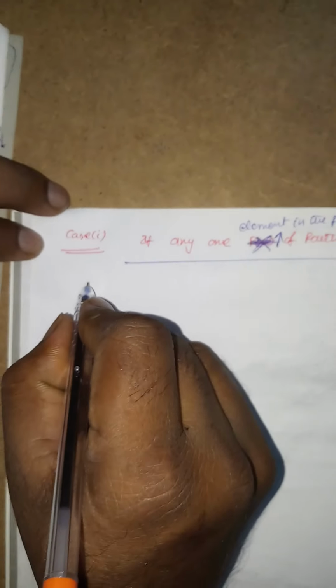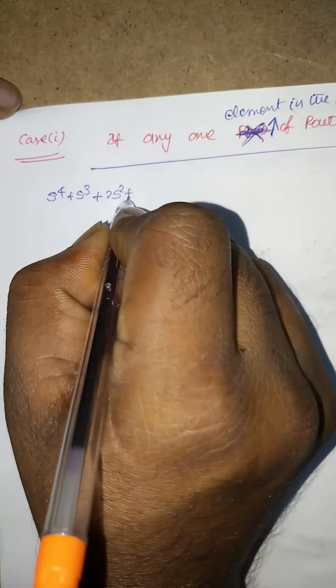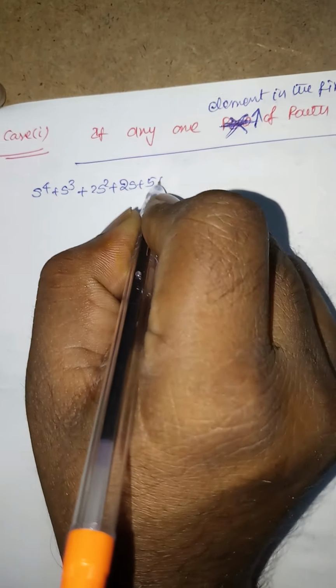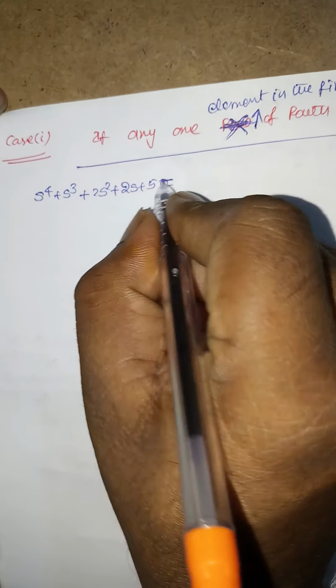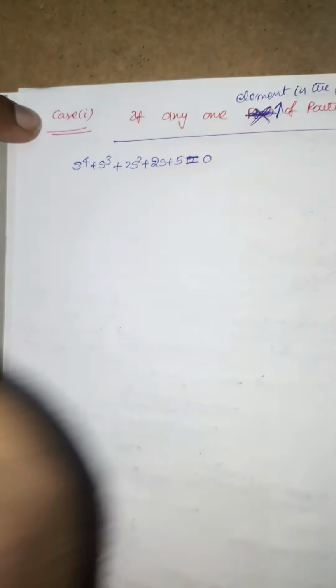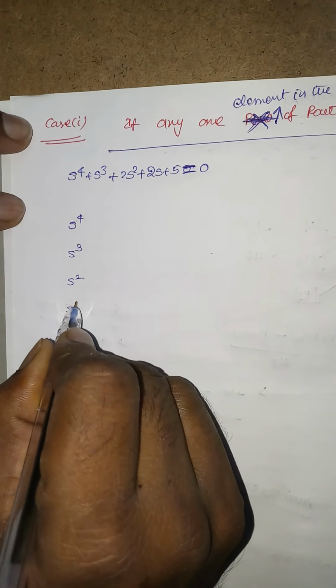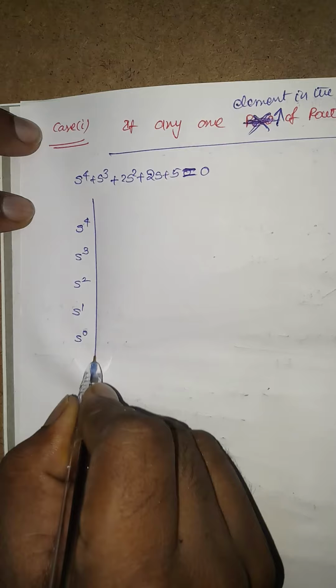Suppose there is a characteristic equation, s power 4 plus s cube plus 2s square plus 2s plus 5 is equal to 0. From this characteristic equation, the Routh array rows are s power 4, s cube, s square, s power 1, s power 0.